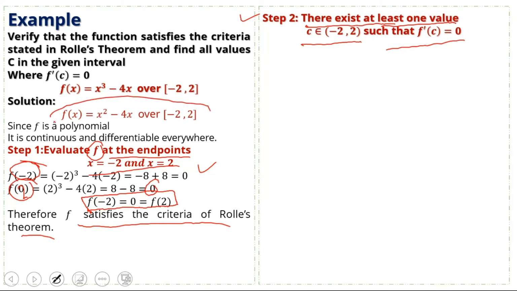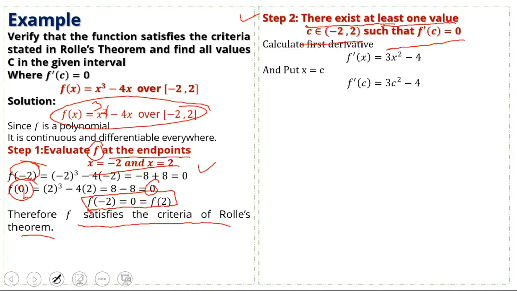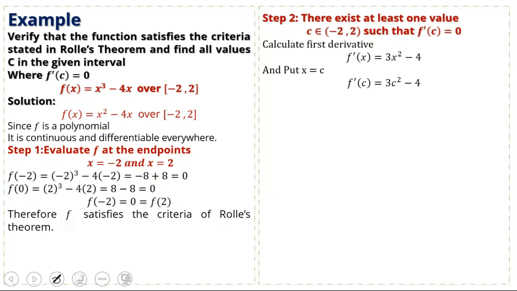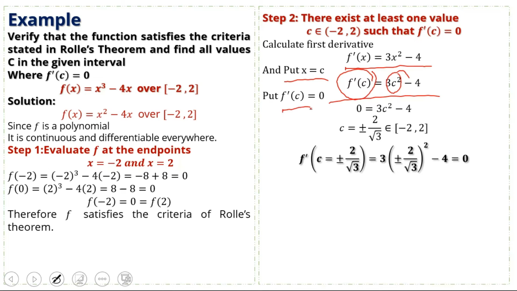First we find the derivative of the given function, which has an x cubed term. The first derivative of this function is f prime of x equal to 3x squared minus 4, and we put x equal to c. Now we set f prime of c equal to 0 to find c. After that we get the value of c, which is plus or minus 2 divided by root 3, and which belongs to our interval.